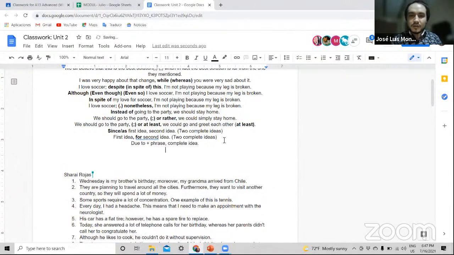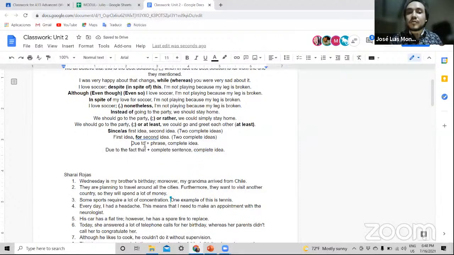That's one way. The other possibility is due to the fact that, and after that, you can give me a complete sentence. If you say due to the fact that, you can give me a complete sentence. So, complete sentence, comma, and complete idea. That's what you can do with due to, all right? And of course, I'm going to add plus so that this is not a mistake.